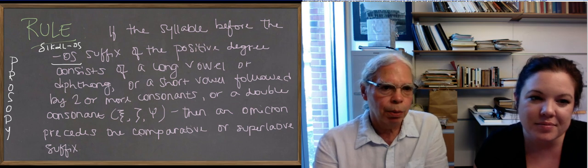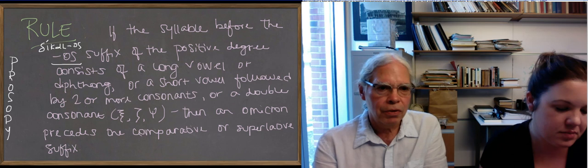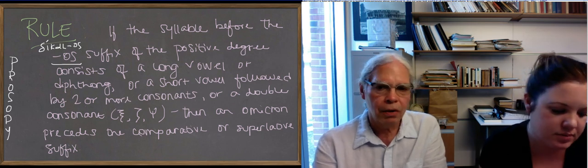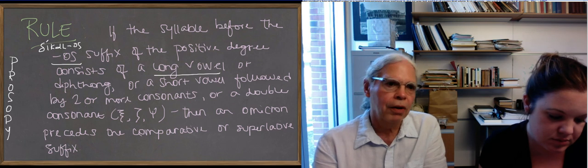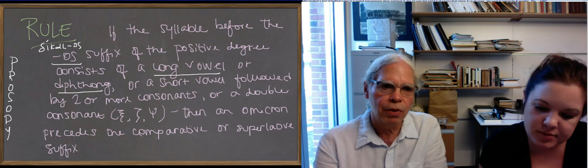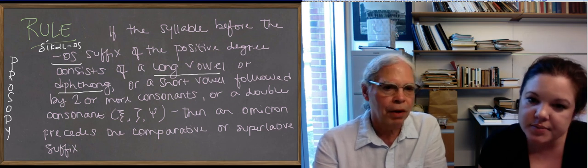So if the syllable before the -os suffix of the positive degree of the adjective consists of a long vowel, okay, those are eta and omega, and long alpha and long iota and long upsilon in Greek, remember what they are, or a diphthong, as in dikaios, because alpha iota is a diphthong, that is two vowels that are part of one syllable, pronounced together.